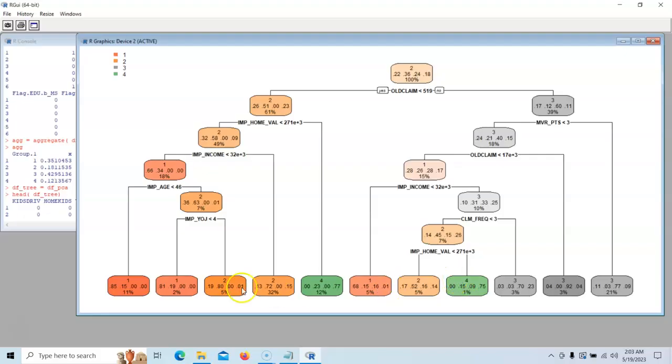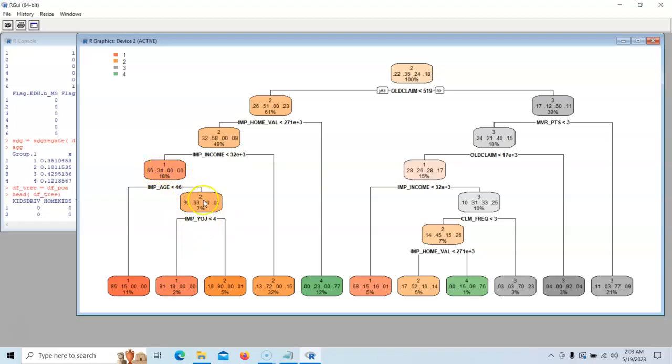So what about cluster 1? If that's over here, they didn't crash their car, but their house is cheap. They don't make a lot of money and they're young. So young, poor people. These are probably college kids or young boys right out of high school. And then over here is a guy who is older, but he has only been on his job for 4 years.